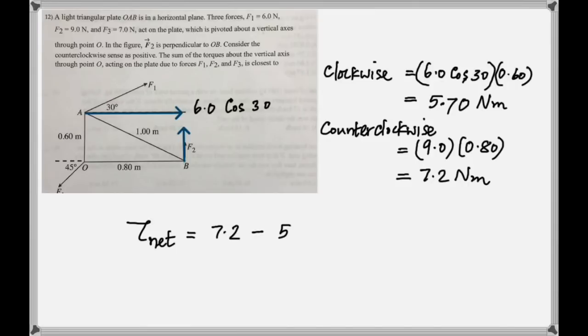Therefore, the net torque would be 7.2 minus 5.70. So the clockwise is actually 3.11 Newton meter, and the counterclockwise is 7.2. So when you take the difference, you get 4.08 Newton meter.